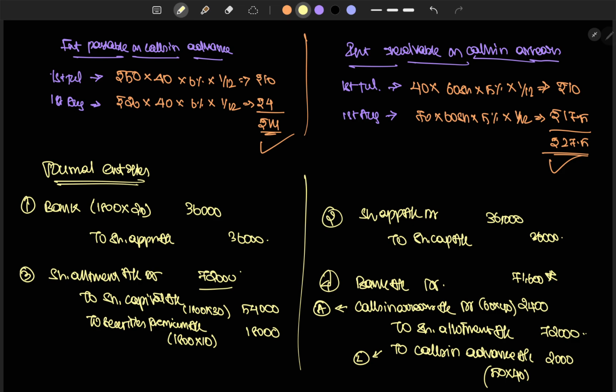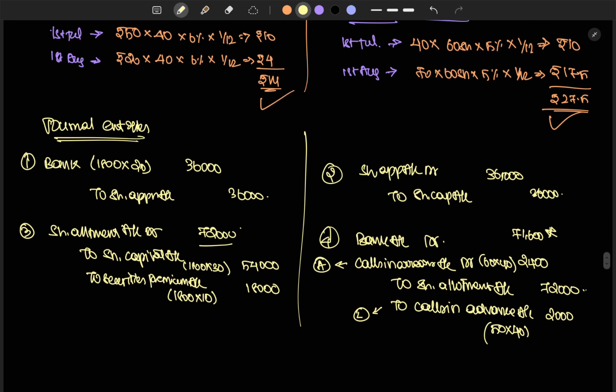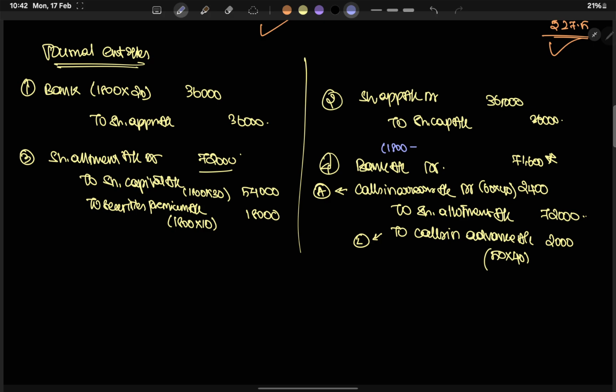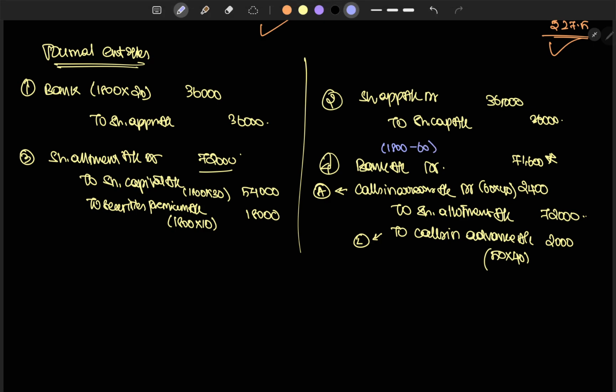We can also find this value without using the balancing figure method. How? Let's say for 1800 shares we have to receive the allotment money, right? In that, 60 shares have not paid.